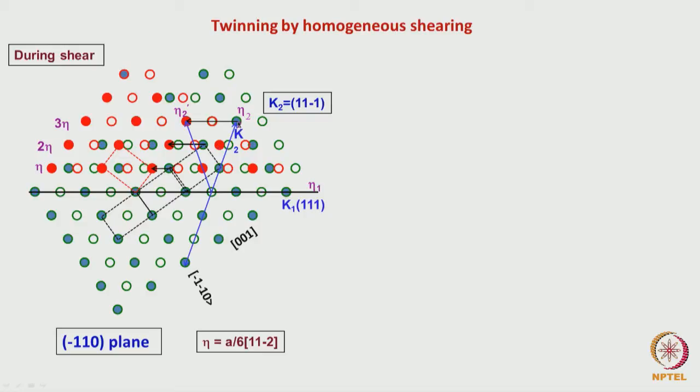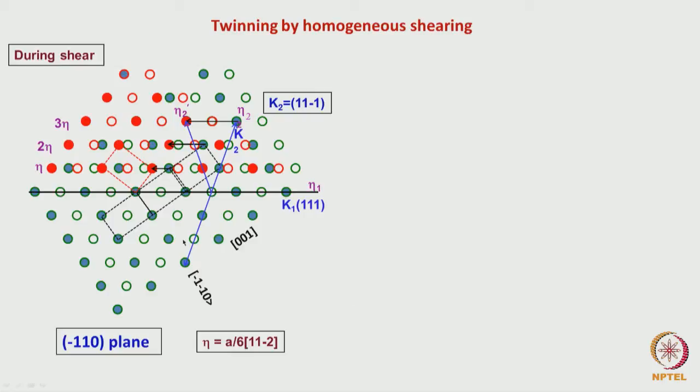Then in the third layer, this is 3 times eta, it moves to a position which is identical to the original one. That means when we look at the stacking sequence A, B, C, the A layer has gone to B layer, B layer has gone to C layer, and the C layer has gone to an A layer. So the stacking sequence has changed.